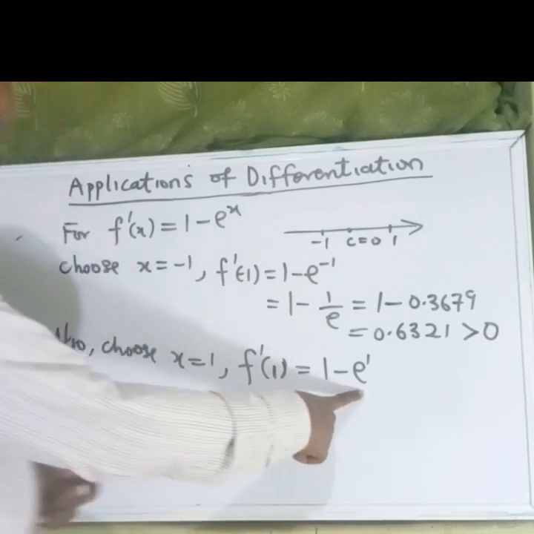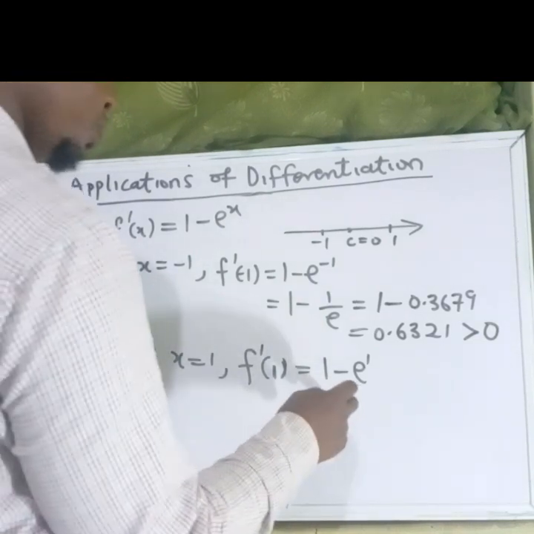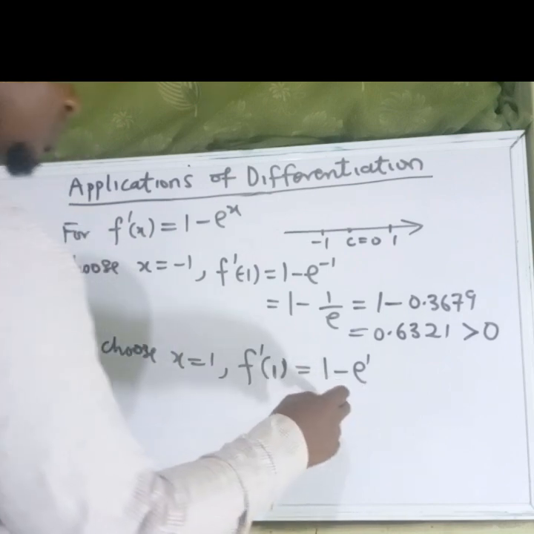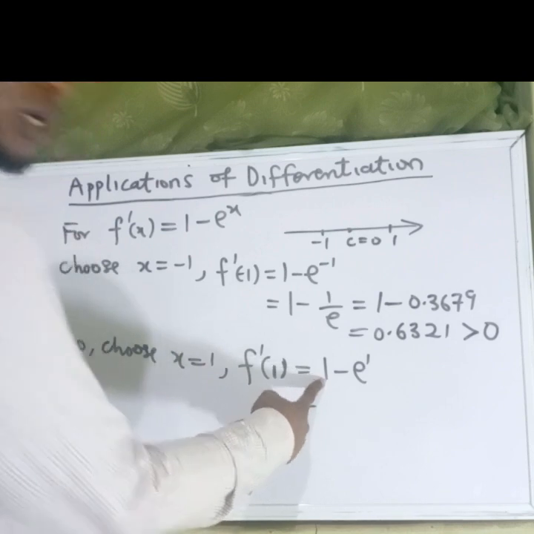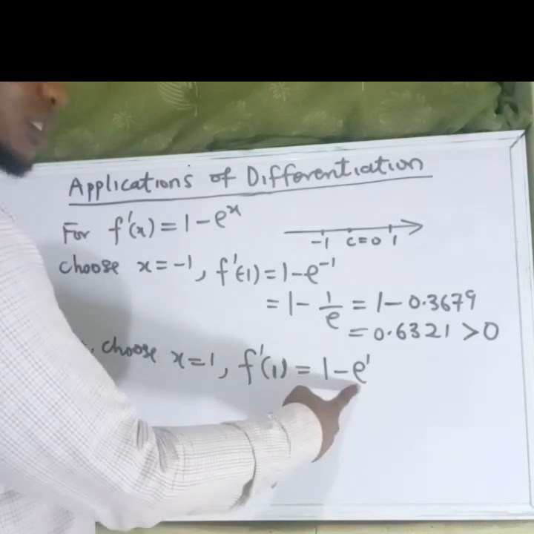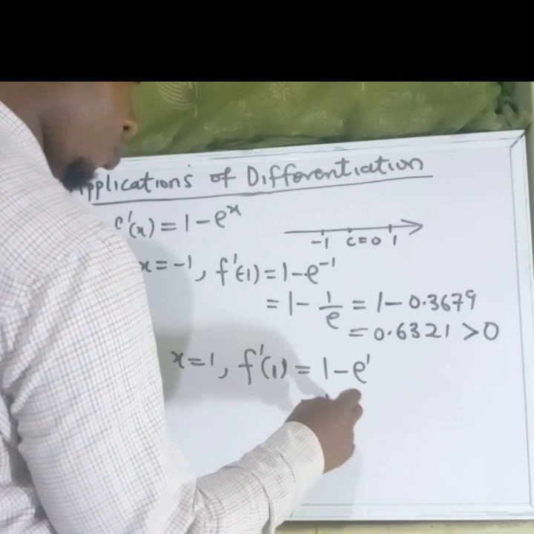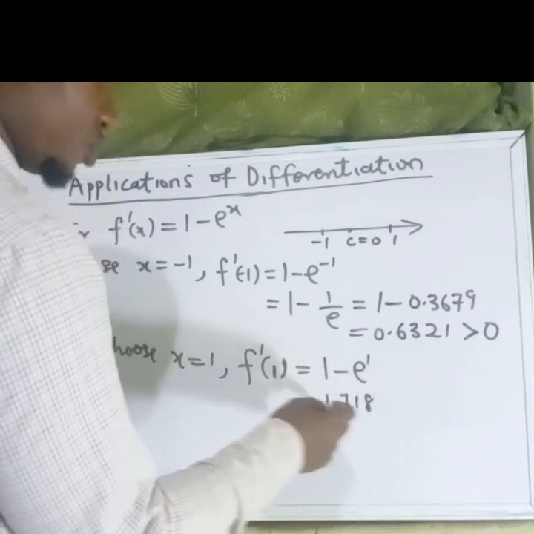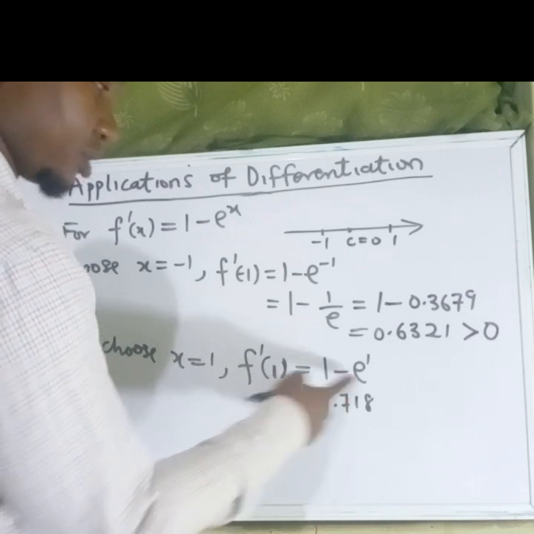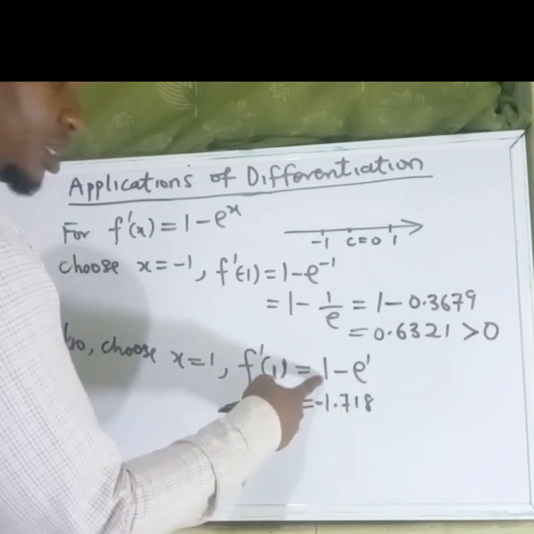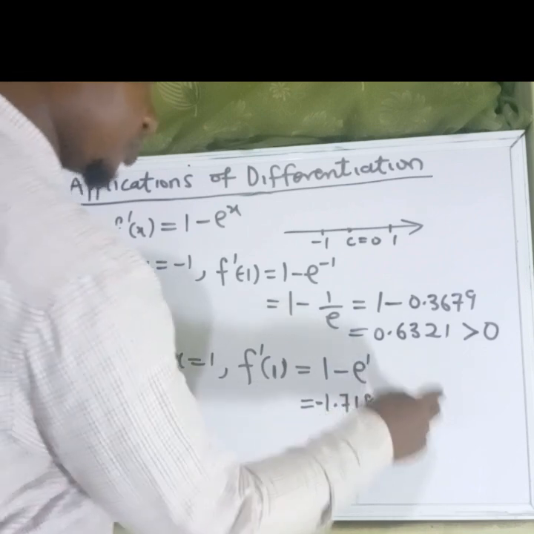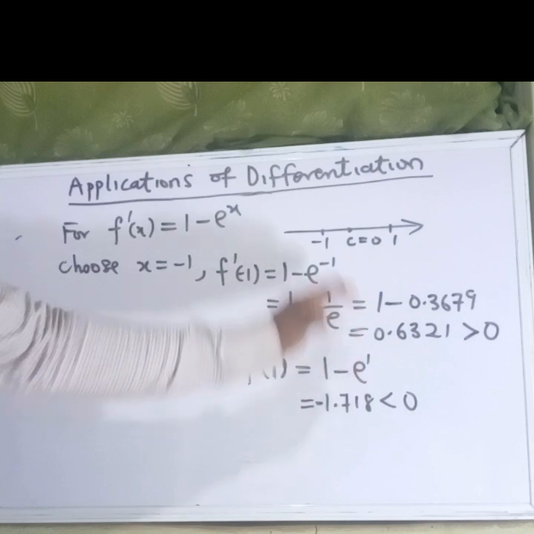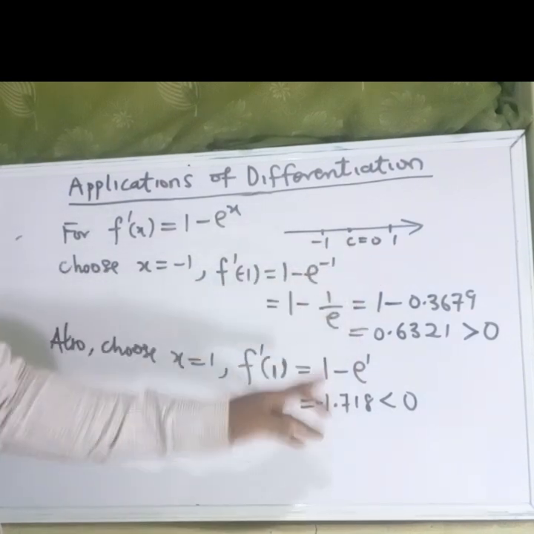Using the same value, this is 1 minus 2.718, which is -1.718, so approximately -2. We see that this is negative because 2.718 is more than 1. This gives us a negative number.